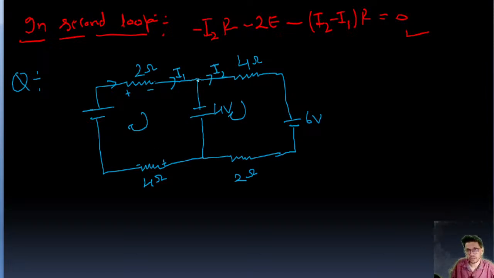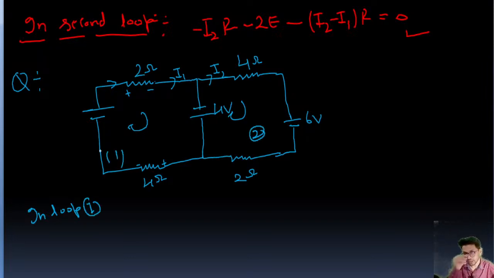The current is not going to be divided here because there is no resistance. This is loop 1 and this is loop 2.